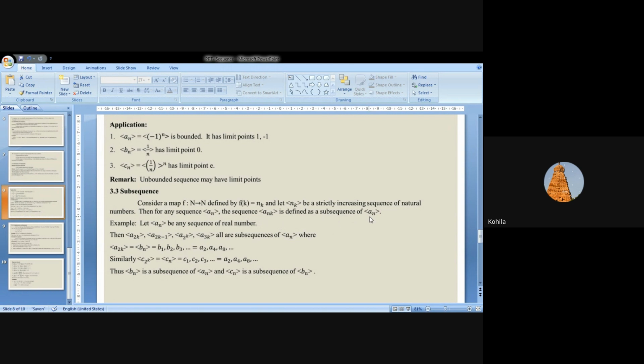Look at this example. Let a_n be any sequence of real numbers.